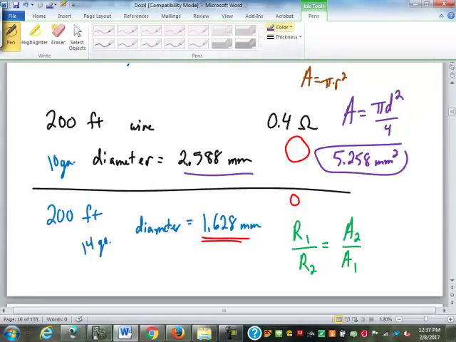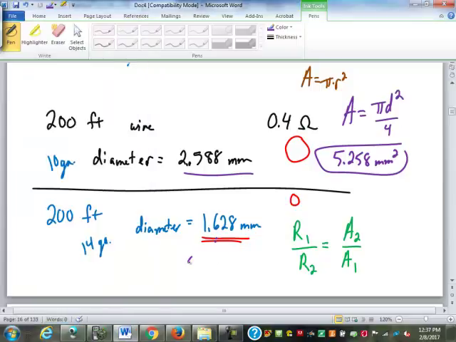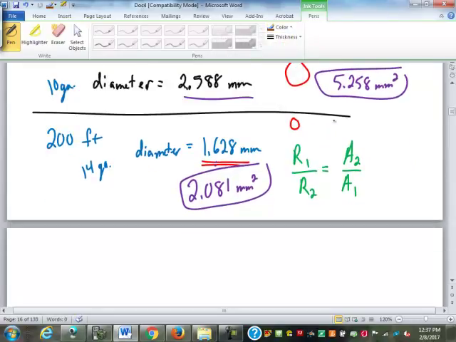Down here, for this diameter, 3.14 times 1.628 squared divided by 4. 2.081, it looks like. So 2.081 millimeters squared. That is less than half the area. So it's going to end up being more than double the resistance.